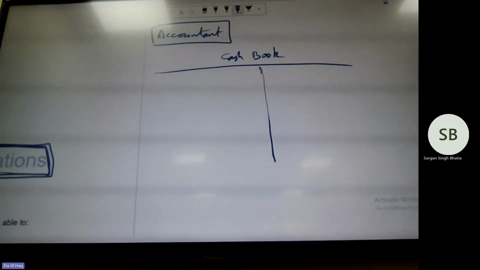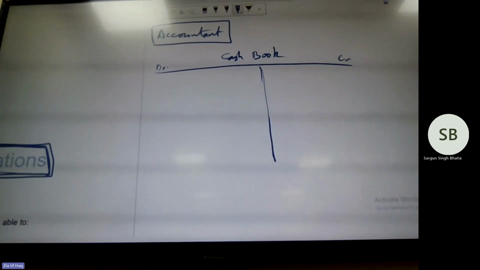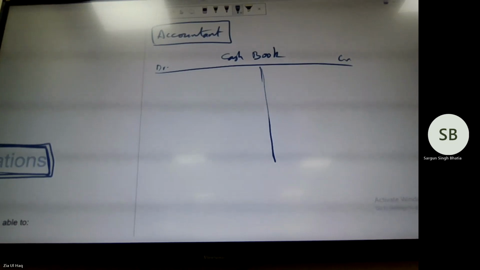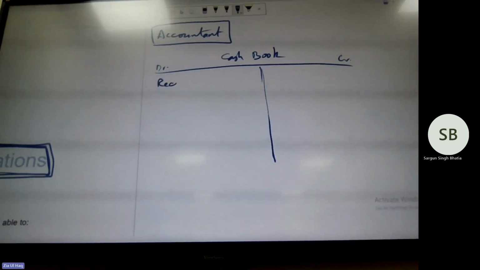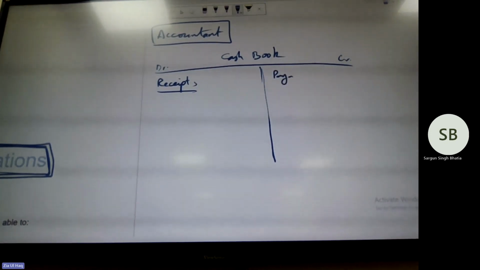Cash book is a ledger of cash. Every ledger has a debit side as well as a credit side. So the cash book also has a debit side as well as a credit side. On the debit side, you record receipts of cash. And on the credit side, you record payments of cash.